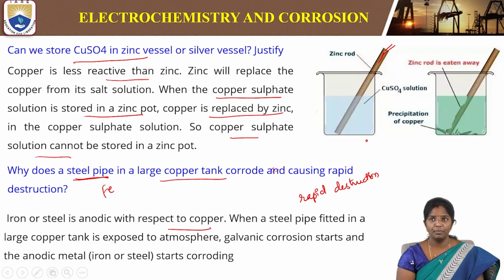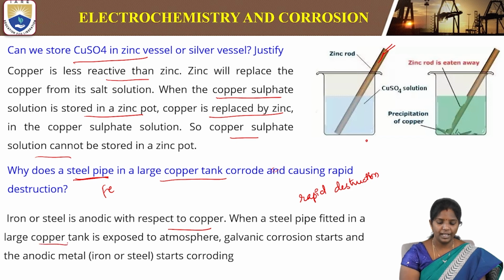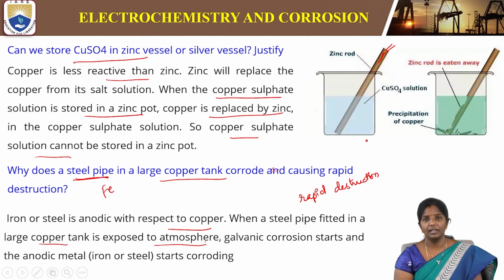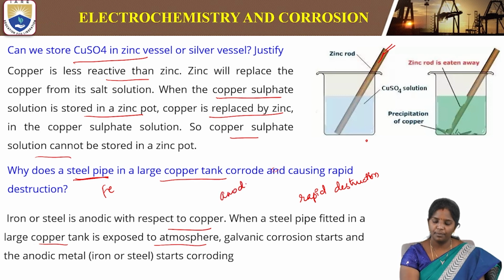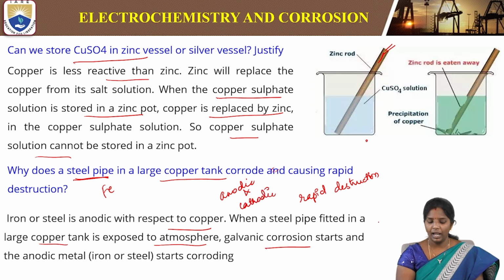Whenever a steel pipe is fitted in the copper tank, it is exposed to the atmosphere and galvanic or electrochemical corrosion takes place because of the formation of anodic and cathodic regions. Therefore galvanic corrosion occurs, which is very rapid, and that is how the destruction takes place for the iron or steel rod.